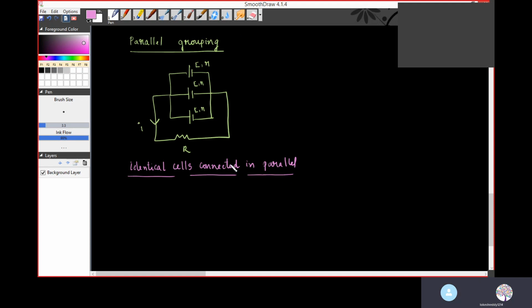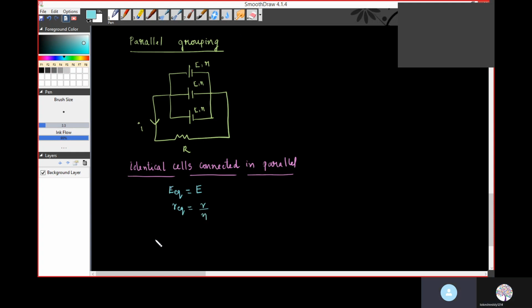In identical cells connected in parallel, the equivalent E is equal to E. As the internal resistances are in parallel, the equivalent internal resistance r equivalent is equal to r by n.